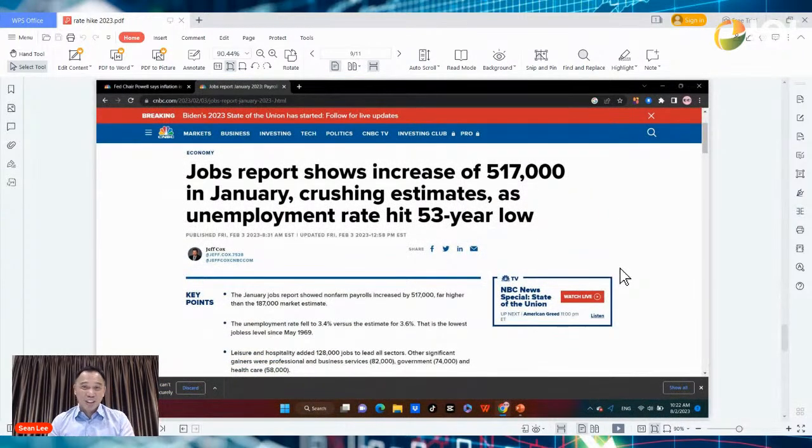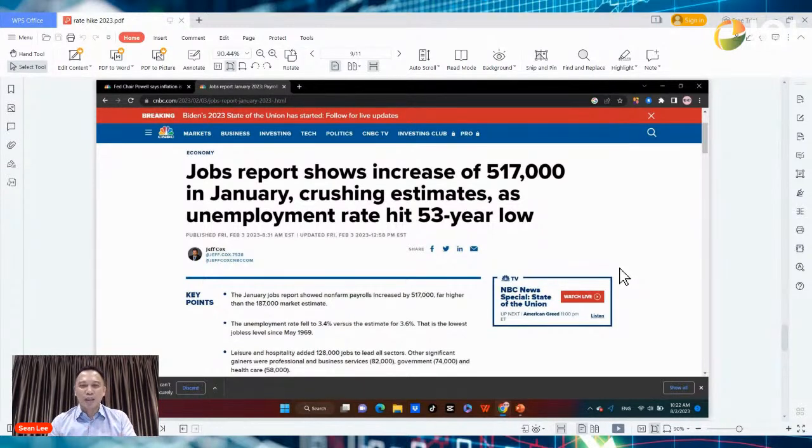How strong the labor market? Ultimately, everybody was hoping that the labor market would not be as good, because a good labor market will give the Federal Reserve, the central bank, more room, more power to increase interest rate. But just on the contradictory, right?